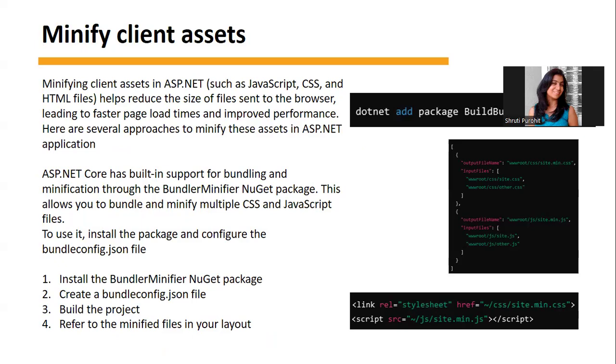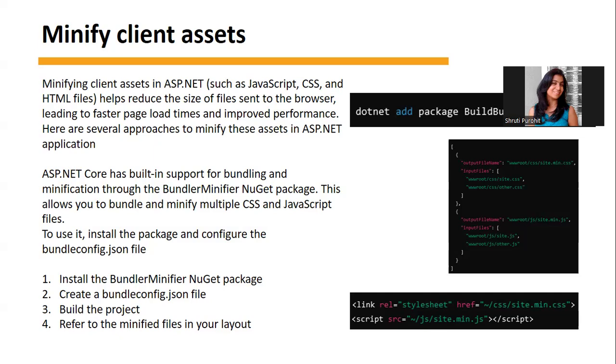ASP.NET Core has built-in support for bundling and minification through the BuildBundlerMinifier NuGet package, and this allows you to bundle and minify multiple CSS and JavaScript files. To use it, you have to install the package and configure it in a bundleconfig.json file. So first install the package, then create the JSON file, then build the project and refer to the minified files in your layout.